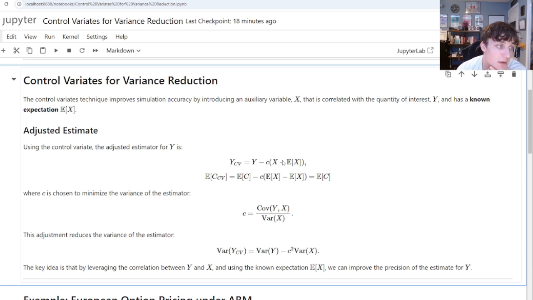We have this linear regression here. You're not limited to just one auxiliary variable. You could do a multi-regression as well, so you could add a z if you like. You could use more than one auxiliary variable to decrease the variance as well. But this is just a very simple example here in the context of pricing.